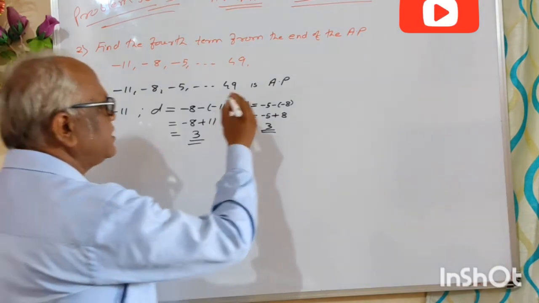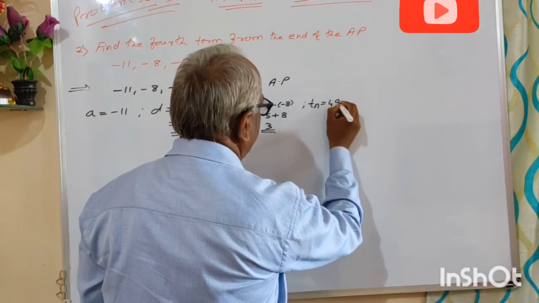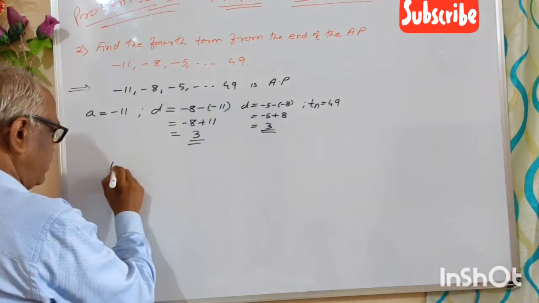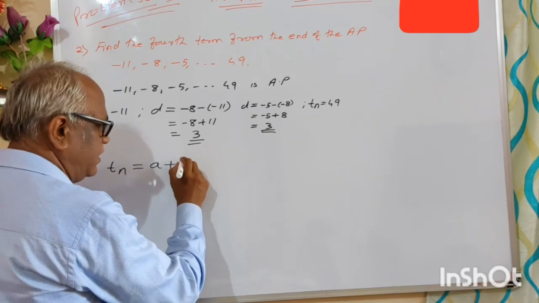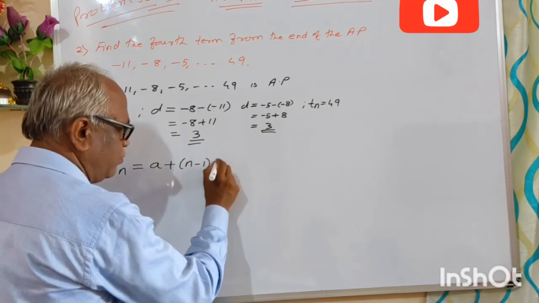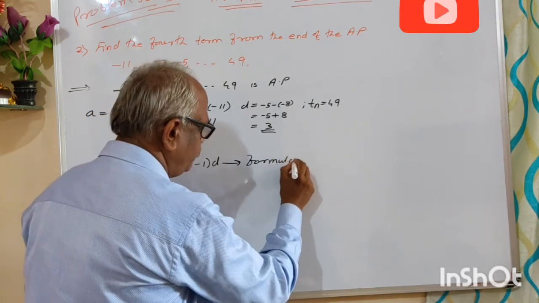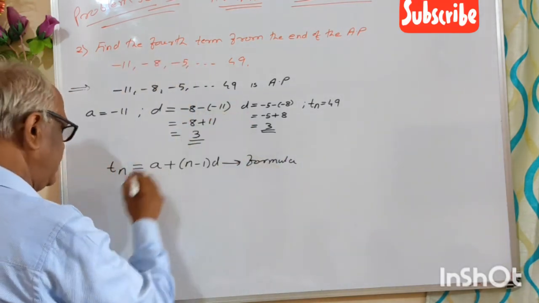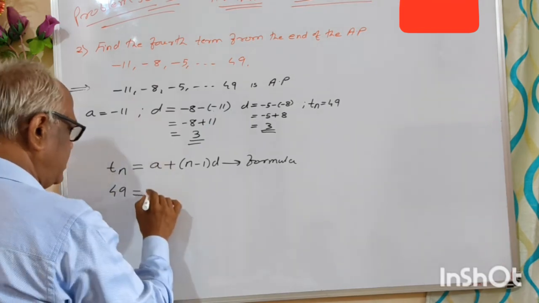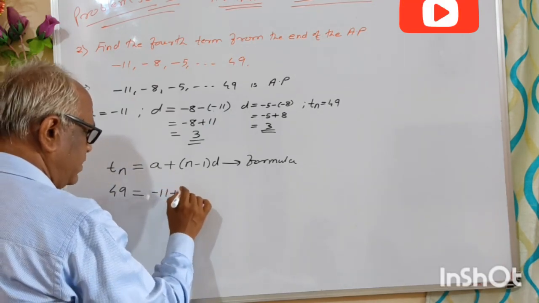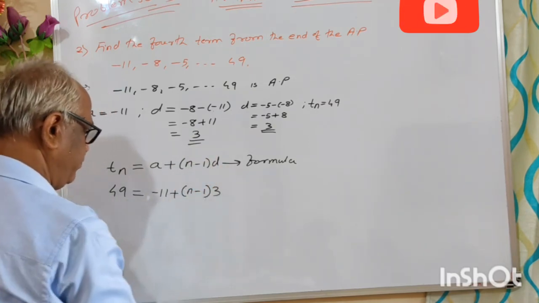And here tn is given, that is tn is equal to 49. Now we know the formula for tn: tn is equal to a plus, in bracket, n minus 1, into d. This is our formula. Now tn is 49, the first term a is minus 11, plus in bracket n minus 1, d is 3.